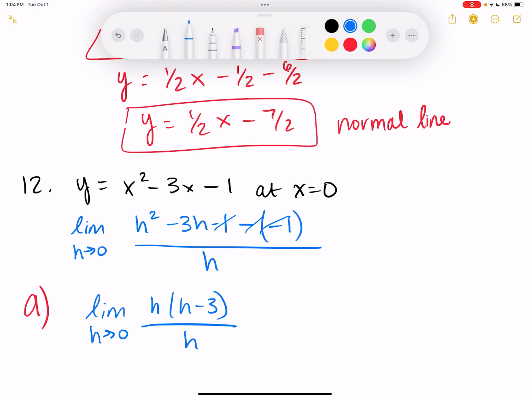The limit as h approaches 0 of h minus 3 is negative 3. So remember, like we just disregard the h that's there? No, we plugged in 0. I mean like when we cancel stuff, we disregard that h that's in the parentheses. Well, I can't cancel it because it's 0 for you. Yeah, okay, I understand.